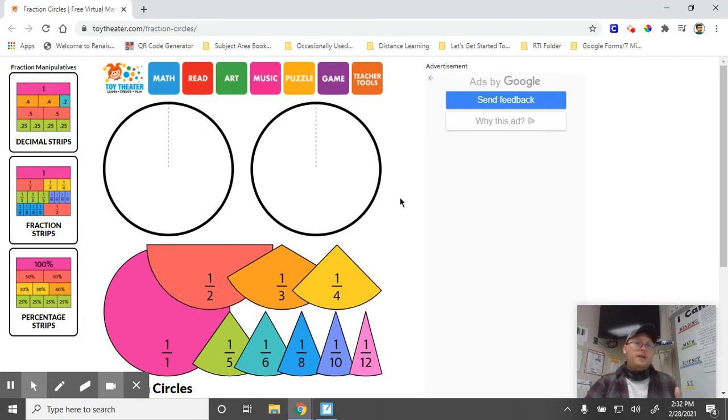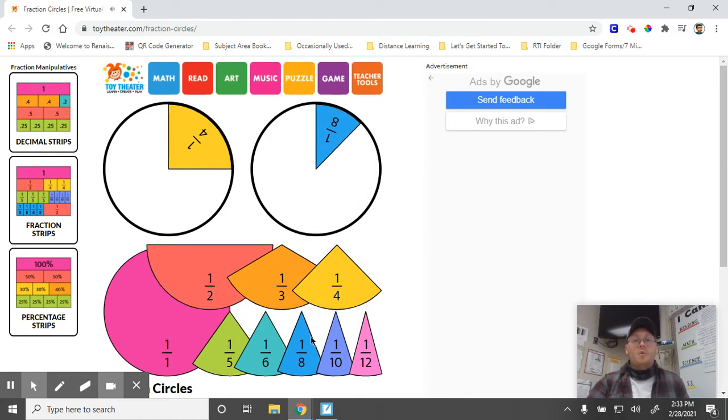All right, I'm going to give us an example problem. For our example problem, what I want to really focus on is understanding how we can make a whole unit with these fraction circles and how they can be equivalent to each other. So if I were to say that 1/4 was a whole, what you would need to do is figure out what other piece would equal a whole that's not 1/4.